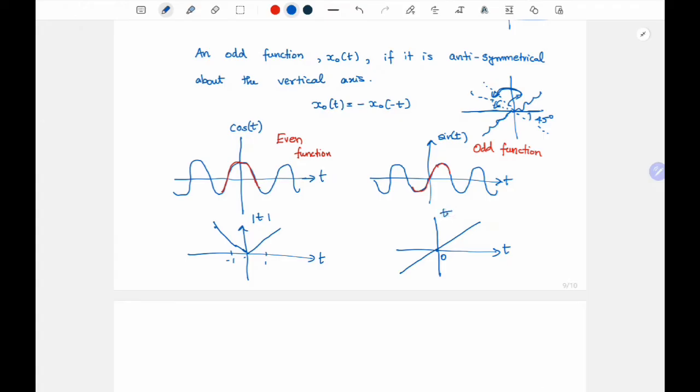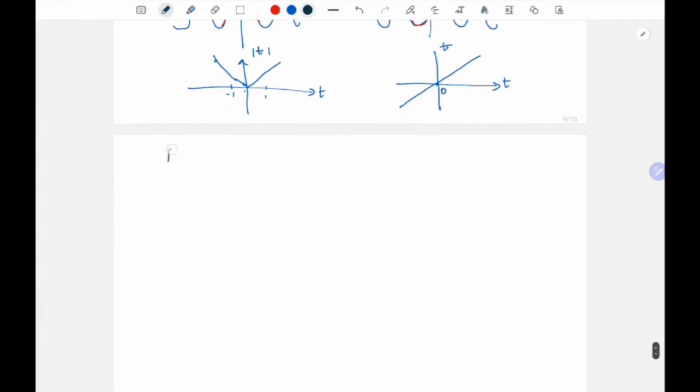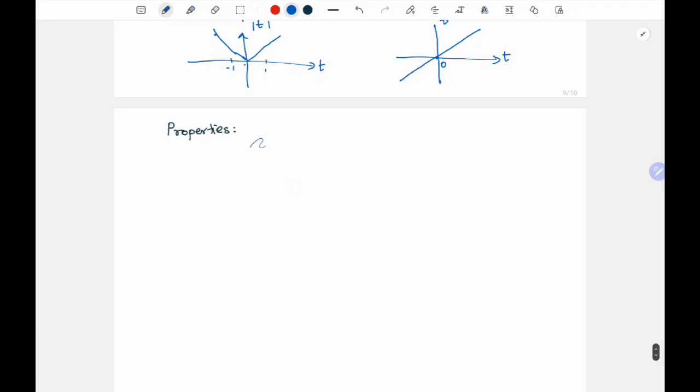So let us see some properties of these functions. We'll see what happens when we multiply these functions. We have an even function, xe of t, and we multiply with an odd function, xo of t. What can you say about the resulting function? Let's say this is some function f of t. We'll just check what is f of minus t, and from that we'll try to deduce.